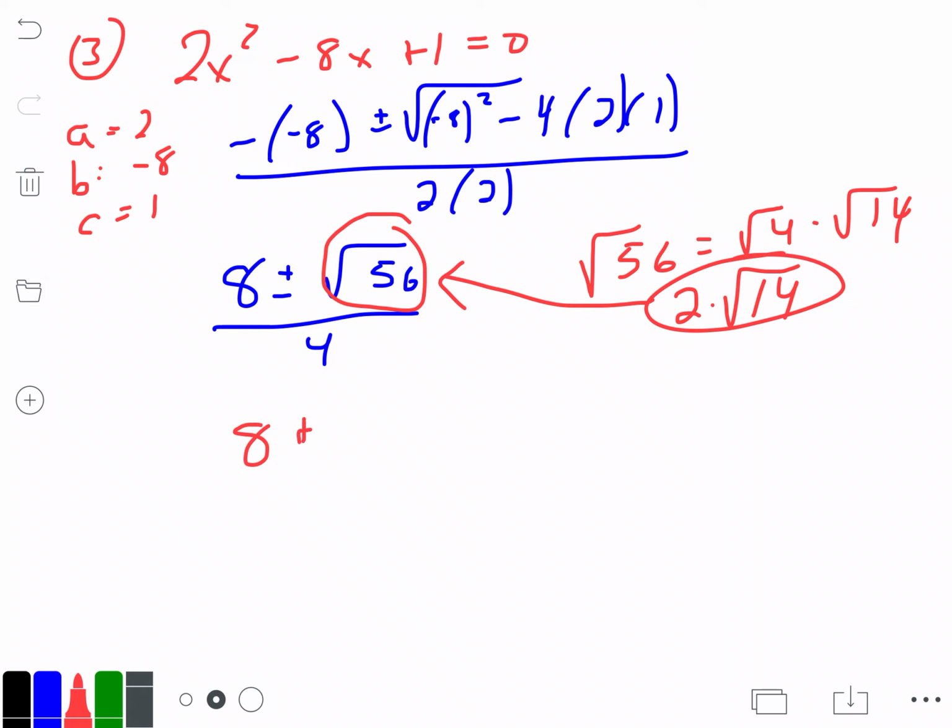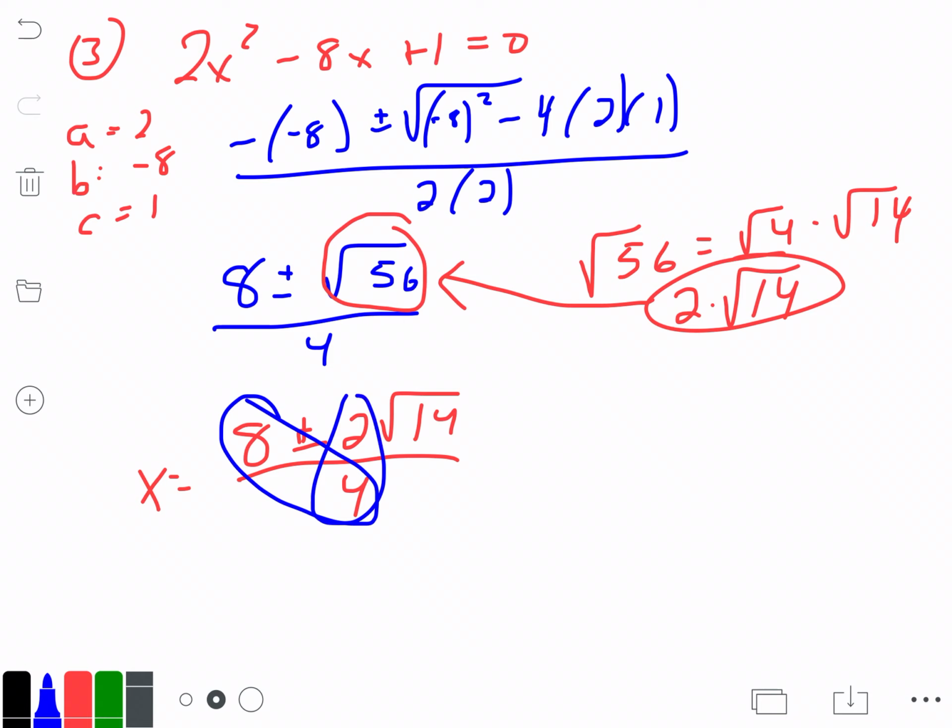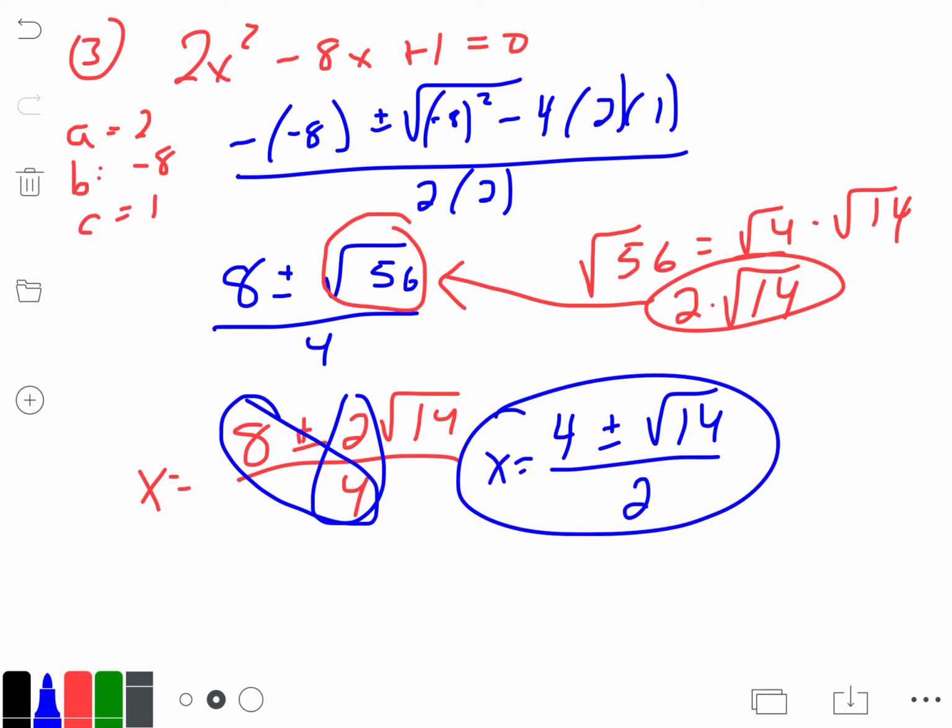So it's going to be 8 plus or minus 2 root 14, divided by 4. Now you can look and say, hey, those can simplify. They all have a 2 in common, so we're going to divide all those by 2. So it's going to be 4 plus or minus the square root of 14, because we don't need to put the 1 in front, divided by 2. And that's going to be your answer for number 3.